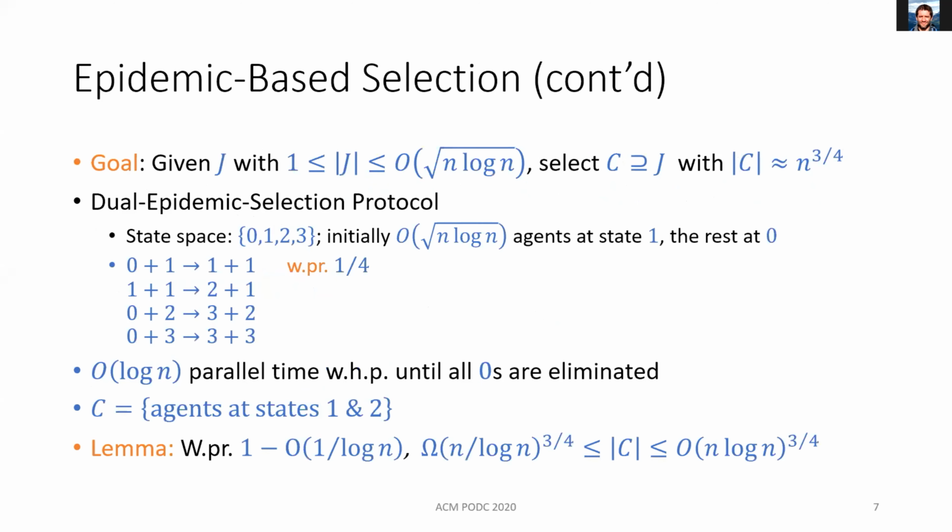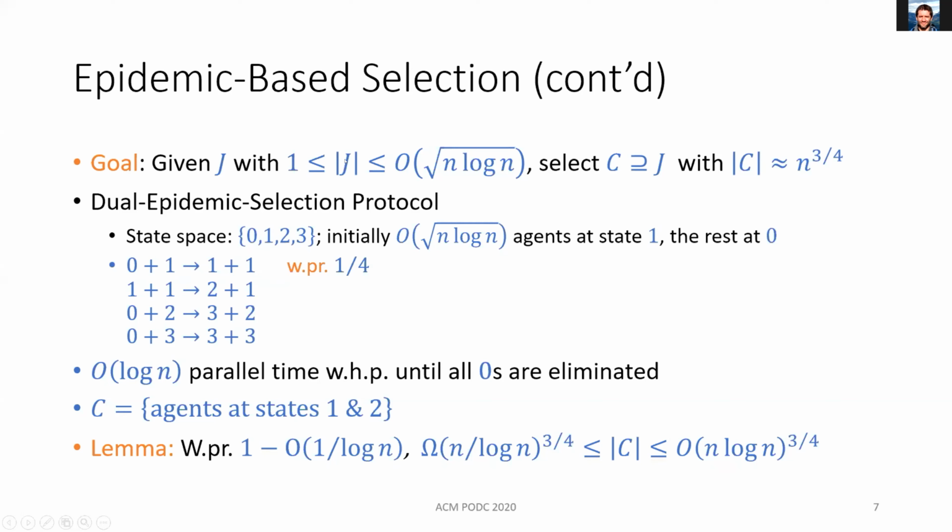So our goal now becomes that given a set J of size that can be anything between 1 and square root of n log n, we keep adding agents to this set until we obtain a superset C of size very close to this target size n to the 3/4. And this is the protocol that achieves that without requiring any knowledge of the size of J or n.